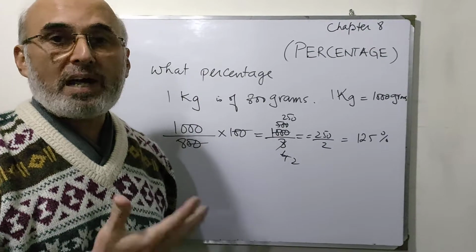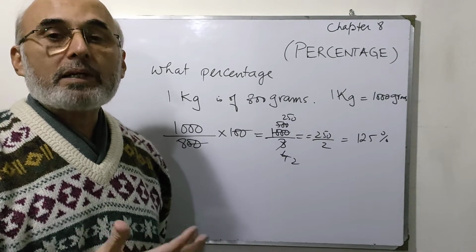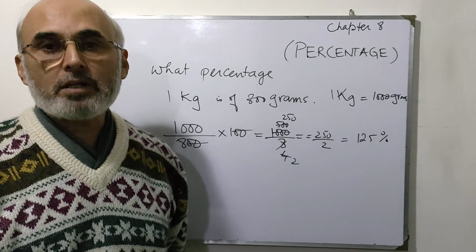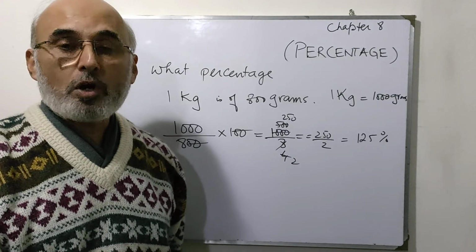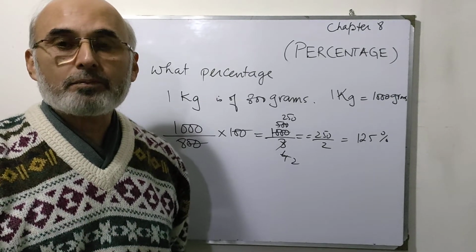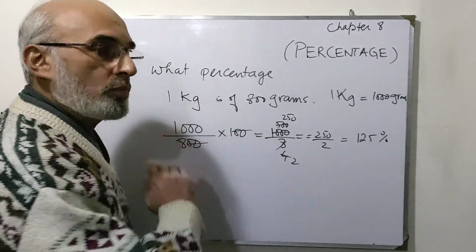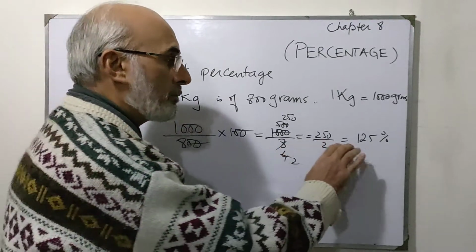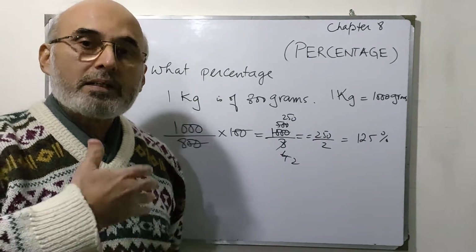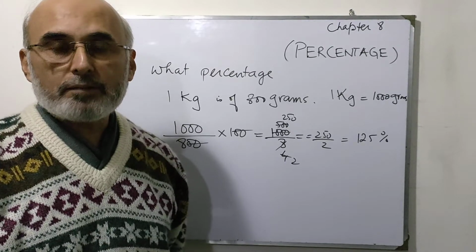Sometimes we can get values bigger than 100%. Like if we say that our sales this year is 200% of last year, it means that our sales have doubled compared with last year. So we were comparing 1 kg with 800 grams, and it comes out to be 125%. It means that it is the greater value, and how much greater it is? 125%. Okay.